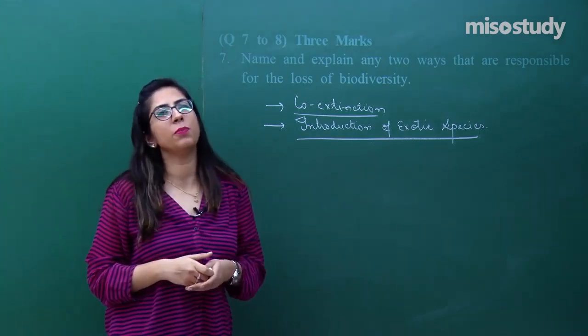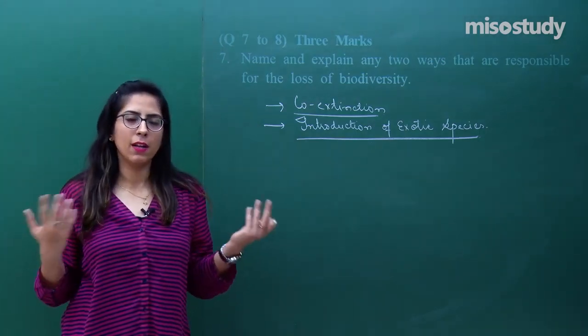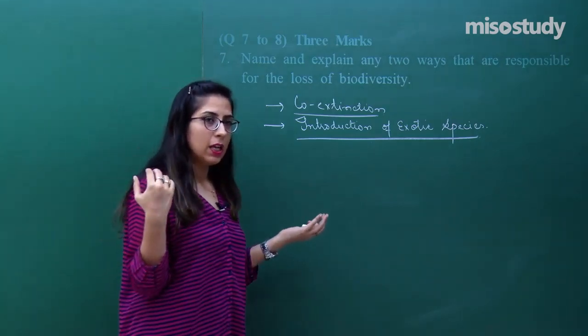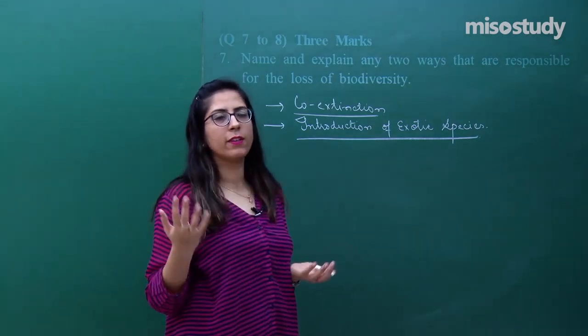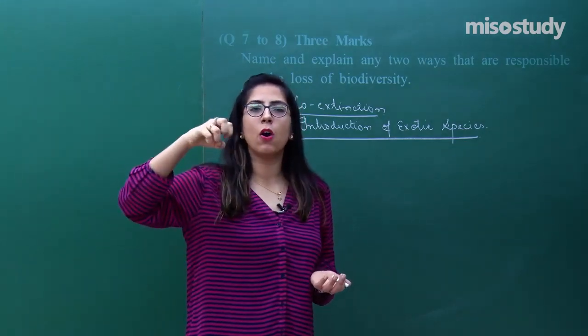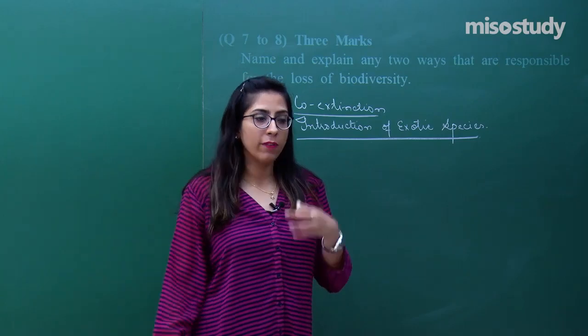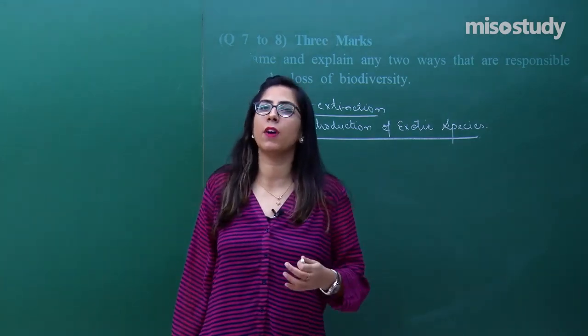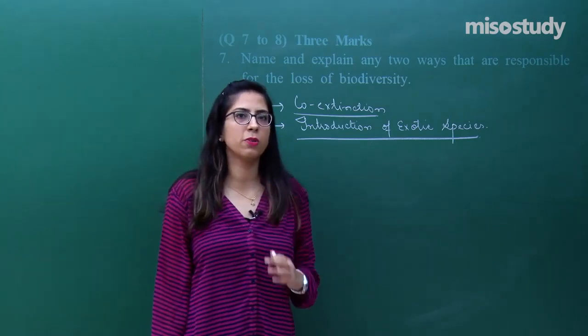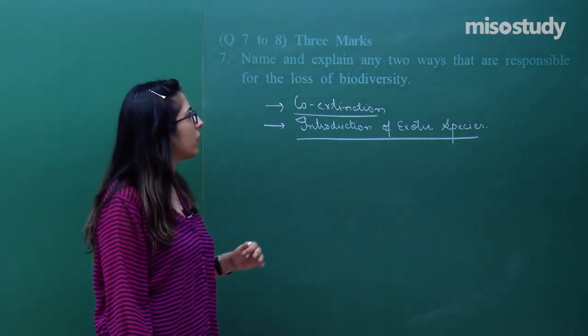Because natural predators are not present in the environment, they flourish at a very fast rate. They affect the individuals already living there. When they consume food at a very fast rate, they do not allow other species to grow, right? This is a major problem associated with the introduction of exotic species.